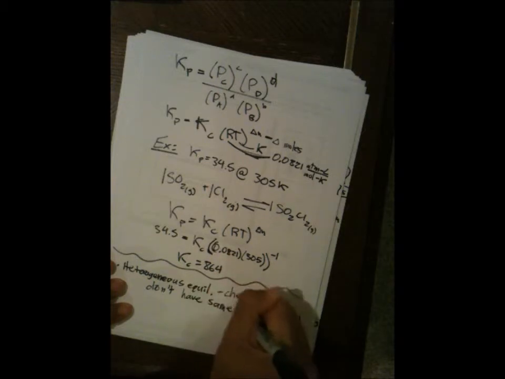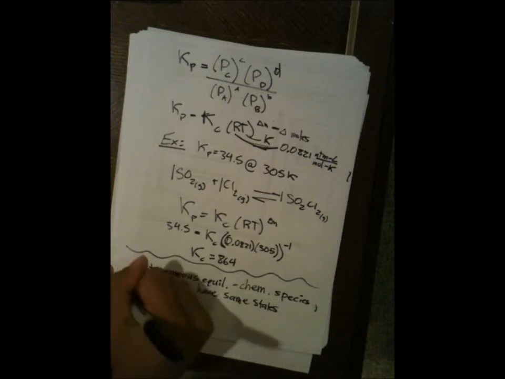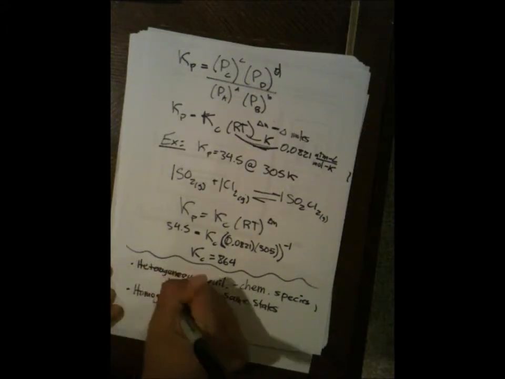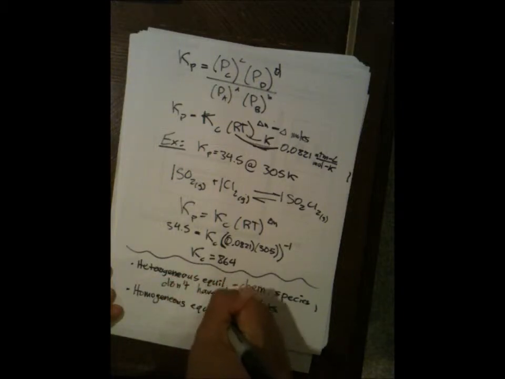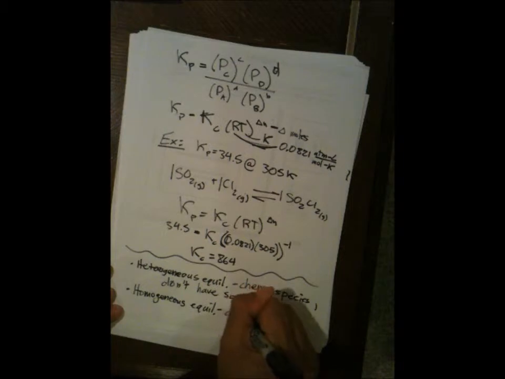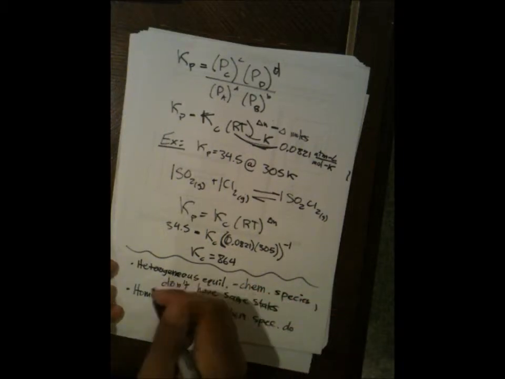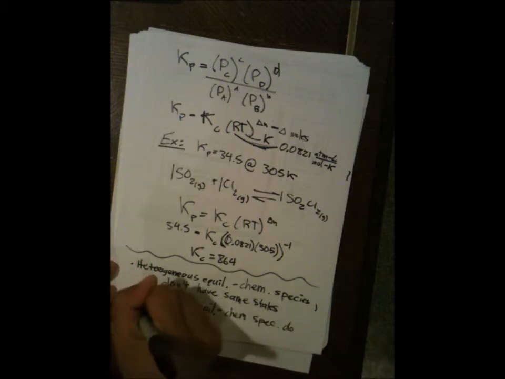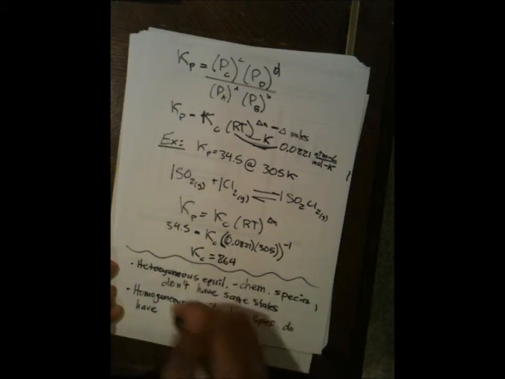But let's take homogeneous equilibria. That's where they all do have the same states. The chemical species all do have the same states.